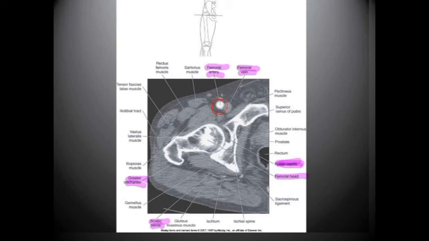As we continue down, the external becomes the femoral artery, and you'll notice the femoral artery on your scans because it's very large and it's always going to appear white when you're injecting contrast.